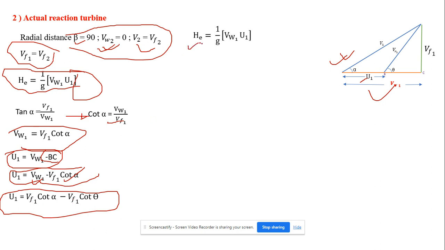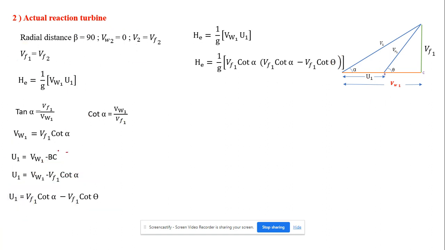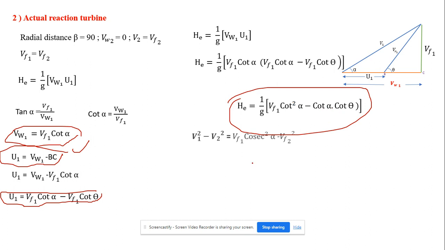We substitute in H is equal to 1 by Z VW1 U1. After substituting VW1 as VF1 cot alpha and U1 as VF1 cot alpha minus VF1 cot theta, we get H as VF1 square (cot square alpha minus cot alpha cot theta).